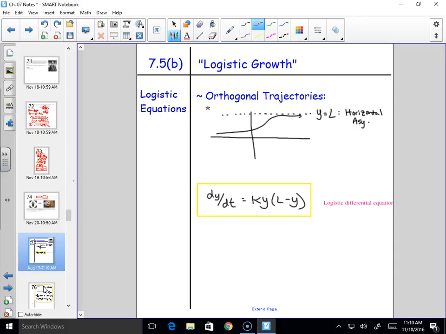Orthogonal trajectories. In a previous book, they made us learn about orthogonal trajectories. It wasn't very fun, but we made it. We don't need to go into all that. That would be more physicsy.